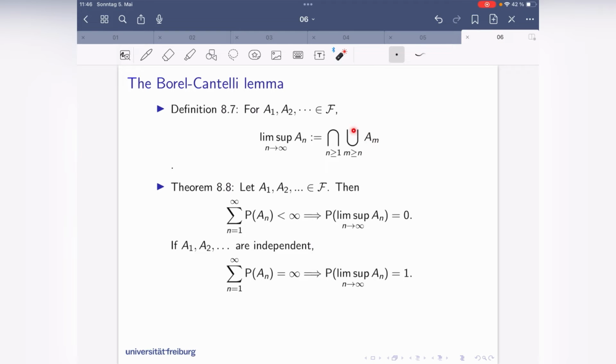So that's this here. And the intersection over all N means no matter how many experiments you already did, there will be another success with a higher experiment number. So for all N, there will be an M such that you have a success at a later experiment. So that's this here.